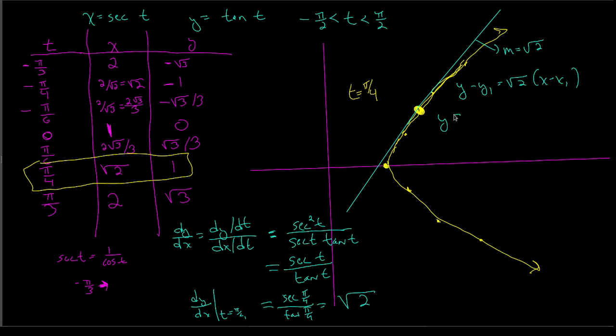So y minus, and we go back to where t equals pi over 4, 1 equals root 2 of x minus root 2. And so y minus 1 equals root 2 x minus 2. And y equals root 2 x minus 1.